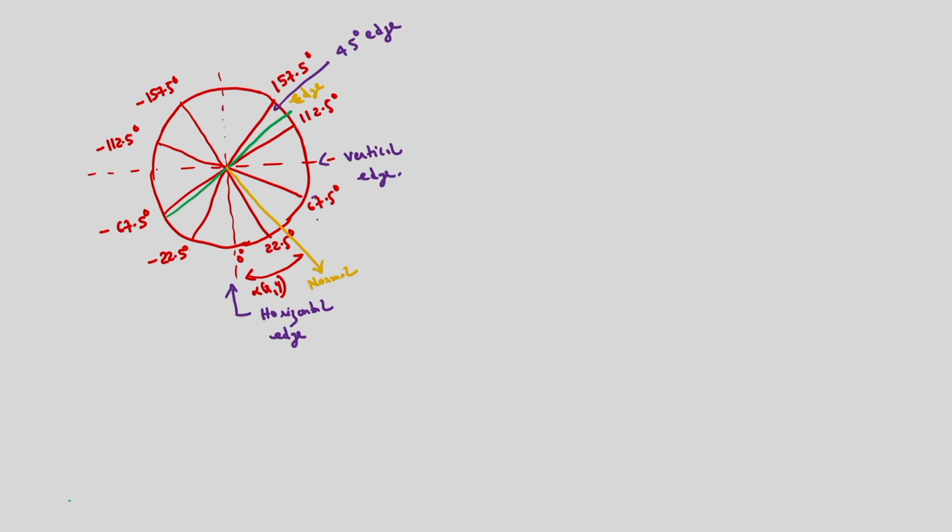From 67.5 to 112.5, that is another range. From 112.5 to 157.5, that is another range. This is not in the scale. So that is the quantization of all possible edge directions into 4 directions by defining the range.